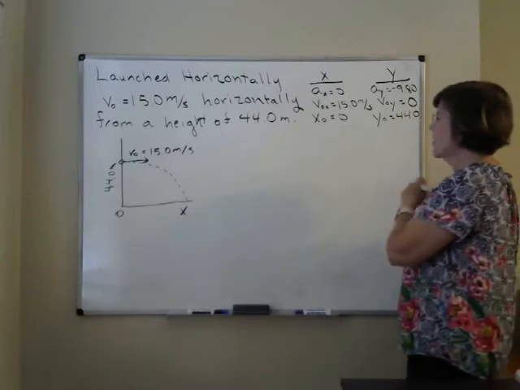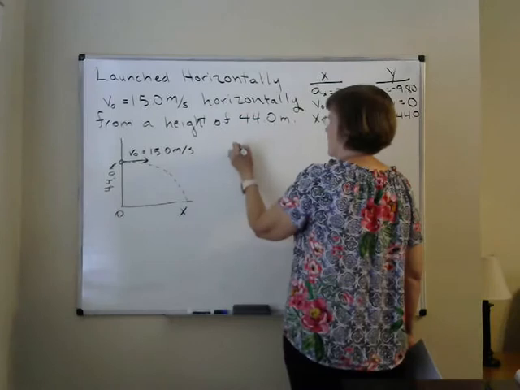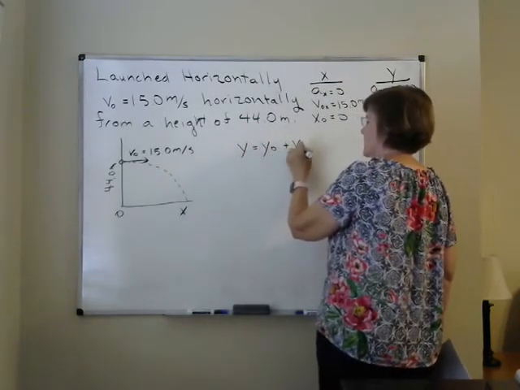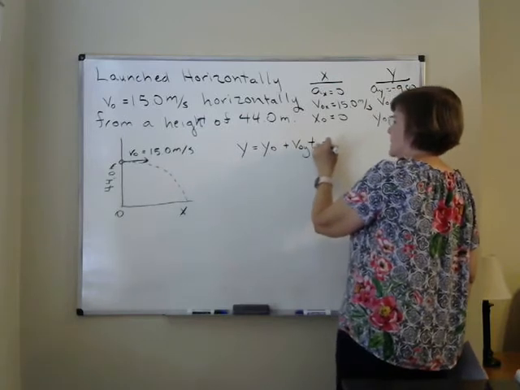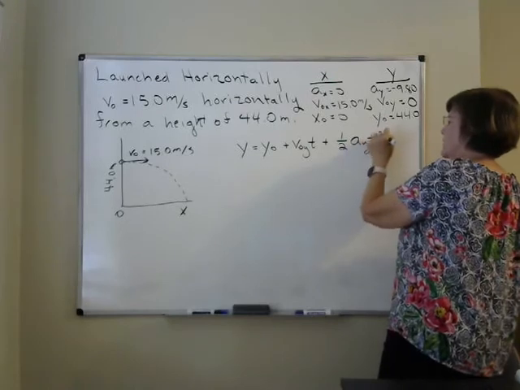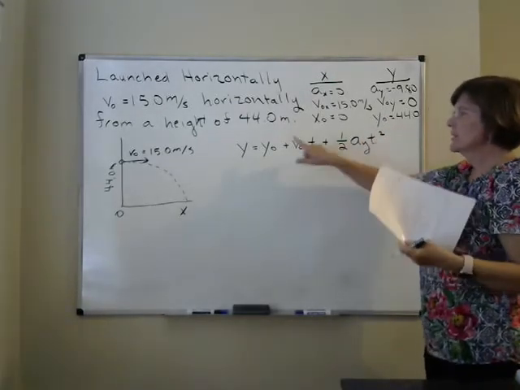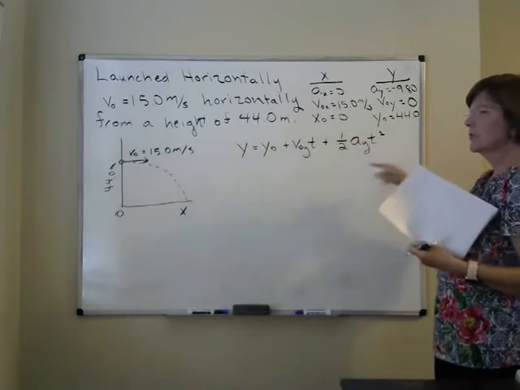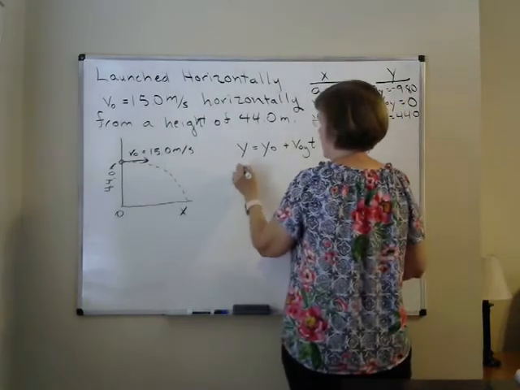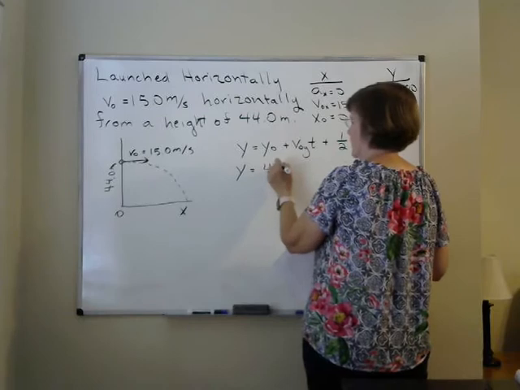So let's look at our constant acceleration equation. y equals y0 plus v0y t plus 1/2 a_y t squared. We're only interested in vertical position, vertical speed, vertical acceleration. All right, well, the initial height was 44 meters.